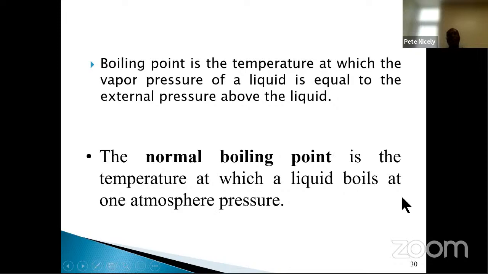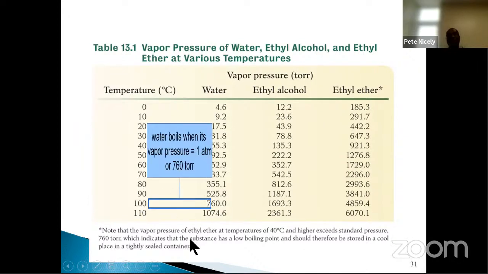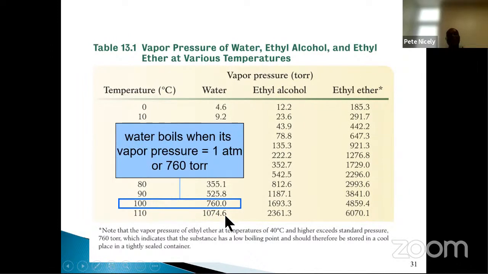Okay, so with those definitions out of the way, I want to show you again this table which we looked at earlier, which shows the relationship between the temperature and the vapor pressure of different liquids. In the case of water, at 100 degrees Celsius, the vapor pressure of water is 760 torr, which is equal to 1 atmosphere.